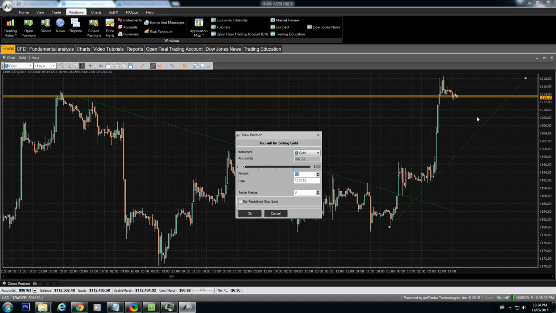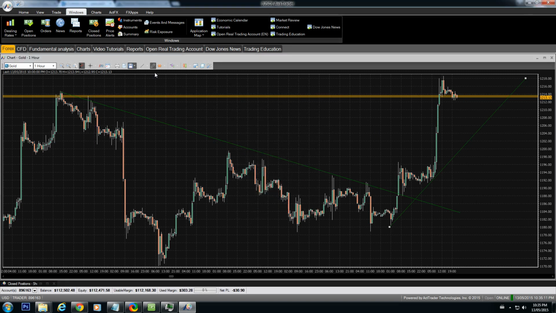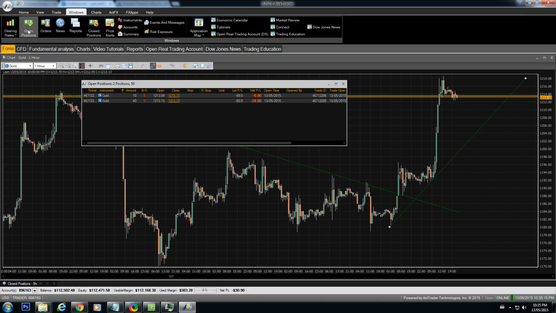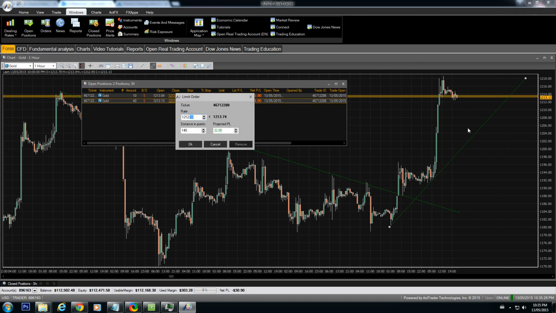So I'm going to sell some more, 40 of them, to make it $5 a pip. Now that that's set, I go back into my open positions. There's my two open positions. So now it's $5 a pip. Okay? And I am going to set my limit to be, let's just go to 1208.